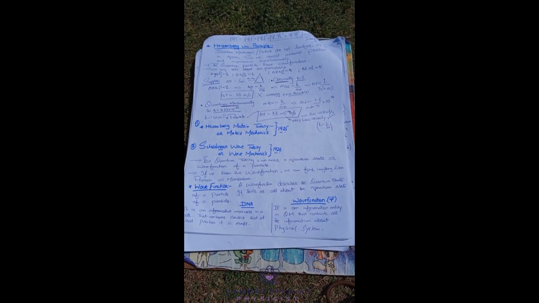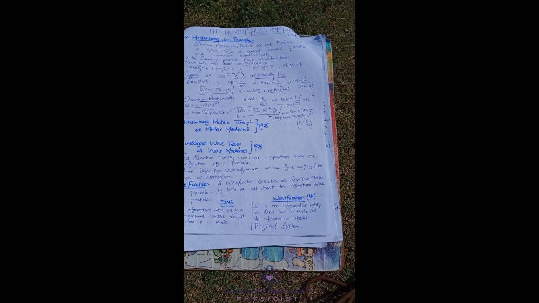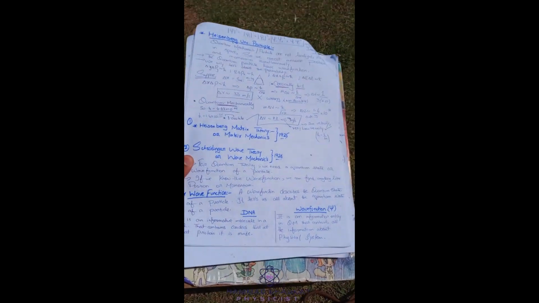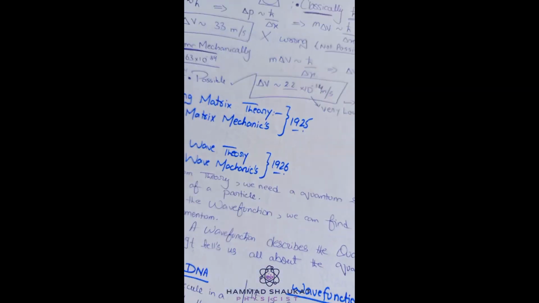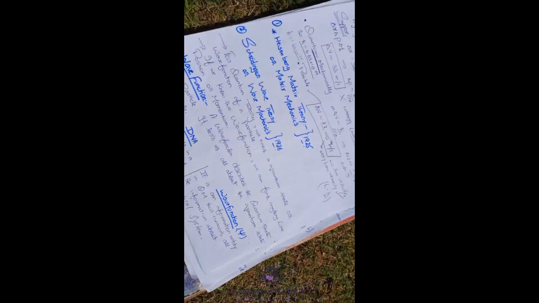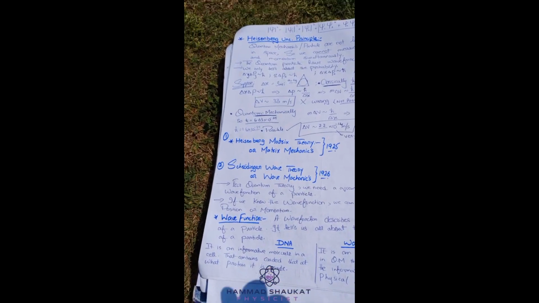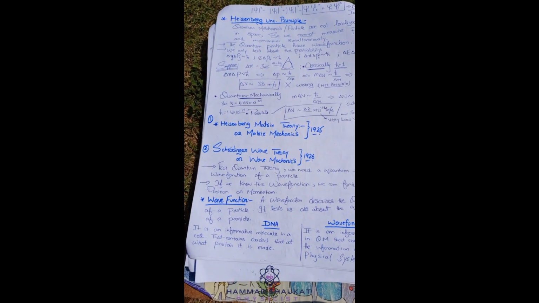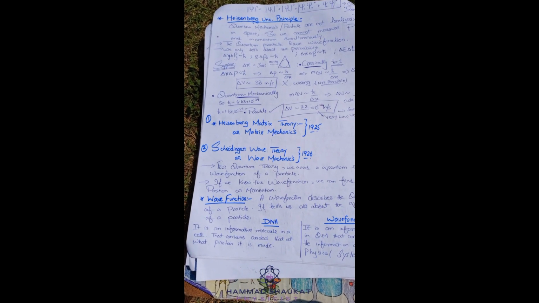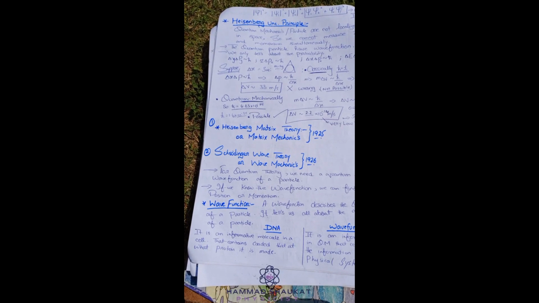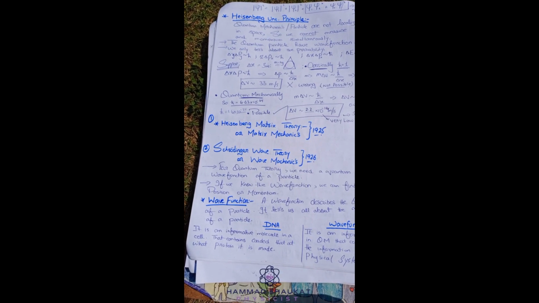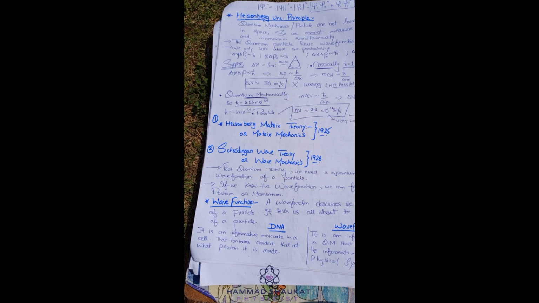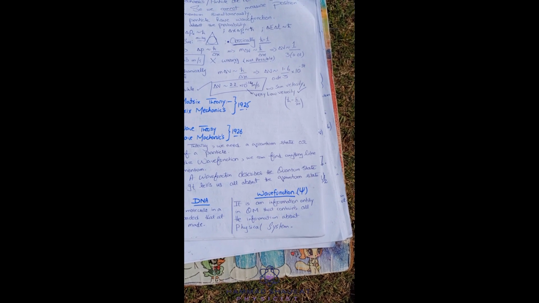Let us take an example: DNA and wave function. There is a similarity between DNA and wave function; both are similar. What is DNA? You already know, it is an information molecule in the cell that contains the code for what protein is made up of. Basically, DNA contains the information of your whole body. What is a wave function? It is an information entity in quantum mechanics that contains all information about the physical state.